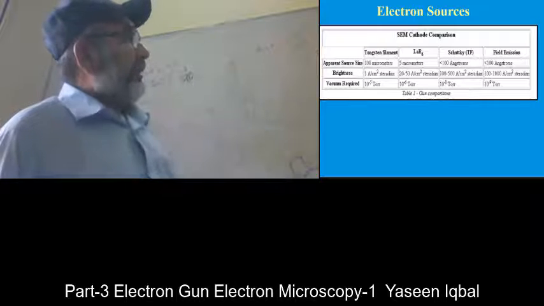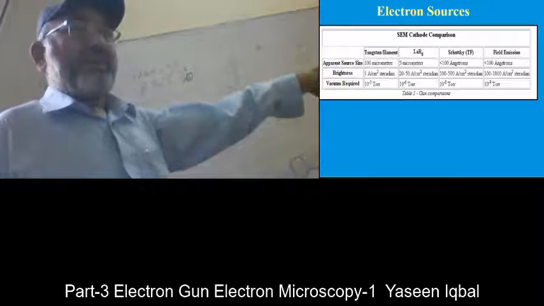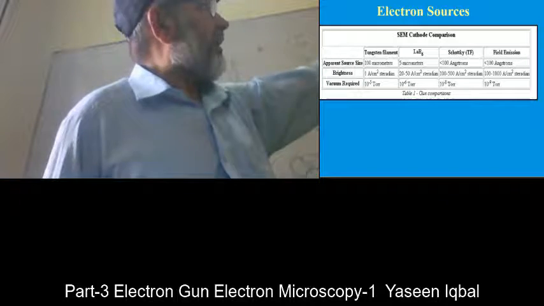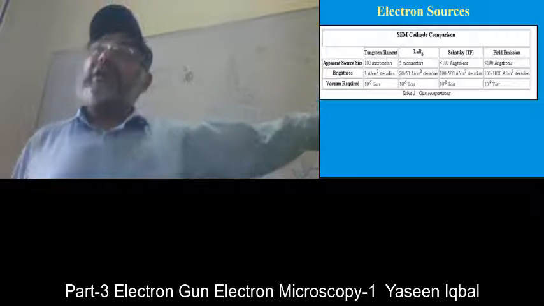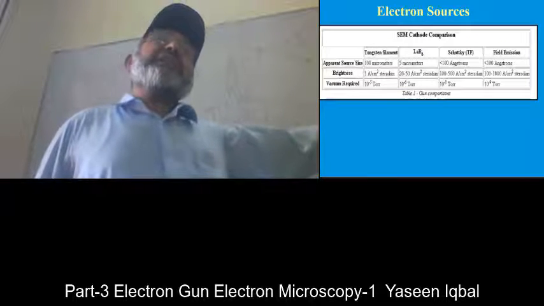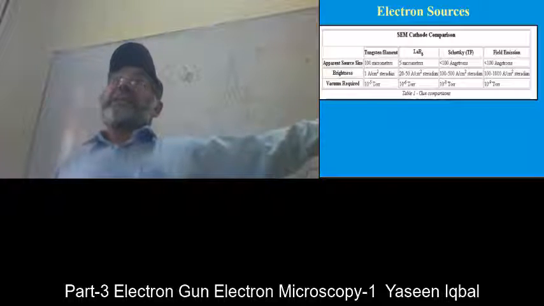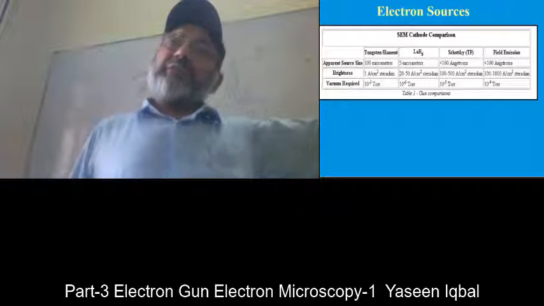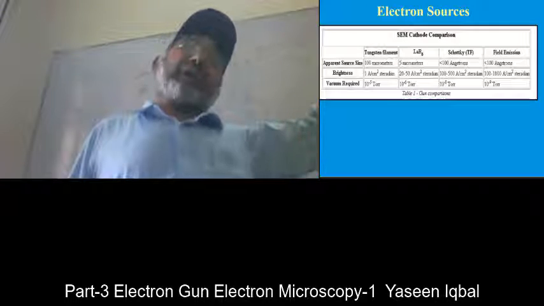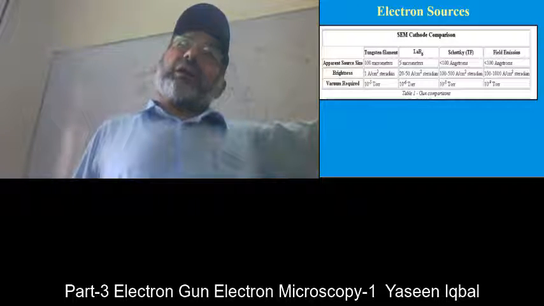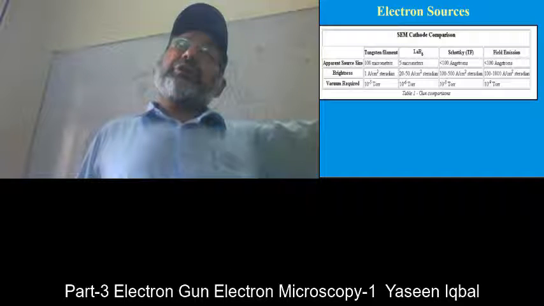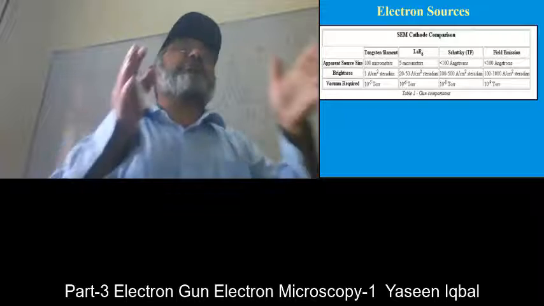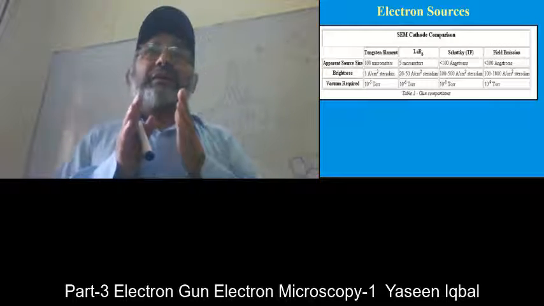Vacuum required. Now look at this: 10 power minus 5 torr, 10 power minus 6 torr, 10 power minus 8 torr, 10 power minus 9 torr. What does this mean? This means that if you are interested in very high quality microscopy, then you need a very high vacuum, and that vacuum demands a very small space.